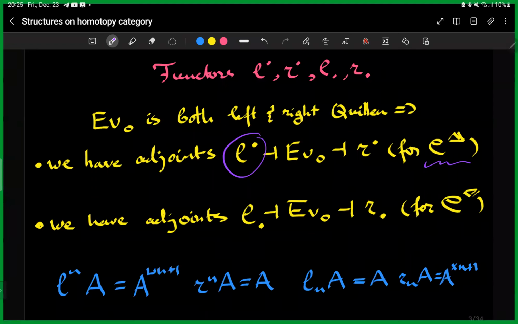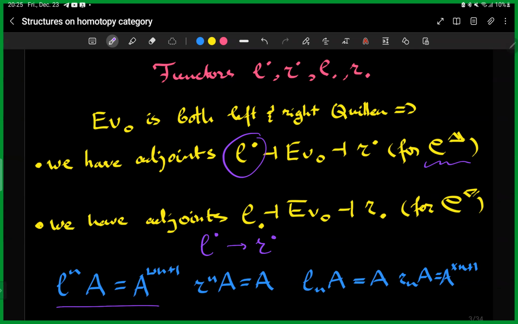So after a bit of thinking, we arrive at this formula. We can compute this left and right adjoint on cosimplicial objects just by taking the coproduct of n+1 copies of A at degree n, and for R^n we just take the object A. And so we have a canonical map from L dot to R dot, which is just given by folding these copies of A into one copy.